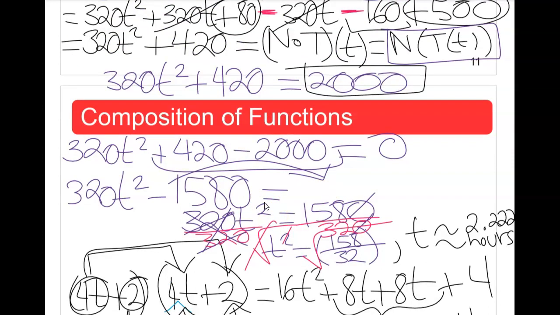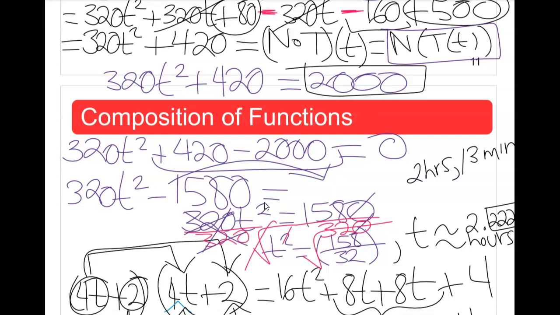So perhaps round up to the nearest hour, or maybe they want you to round to the nearest decimal, 10th or 100th or 1000th, or maybe you could convert the decimals to minutes. To do that, you could subtract 2 from that number, and then multiply by 60, and I get about 13 minutes. So it could be 2 hours and 13 minutes.